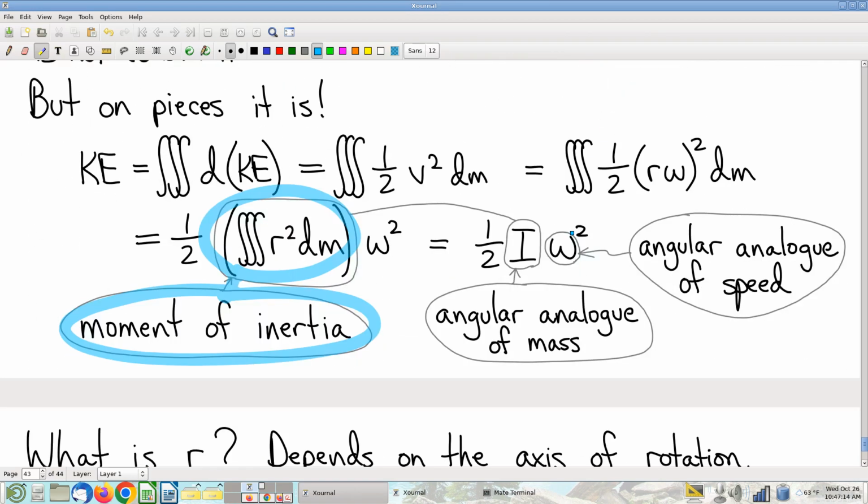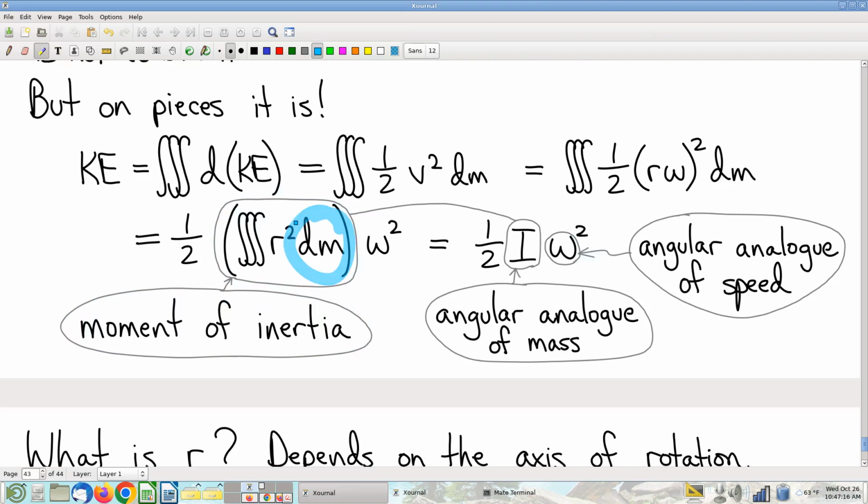Okay. dm, now, that again represents the amount of mass in a little piece of our domain. That's density times volume, and I could have rewritten this as density times dV. But the thing is, sometimes you have a two-dimensional lamina of mass that's rotating, in which case dm is density times dA.